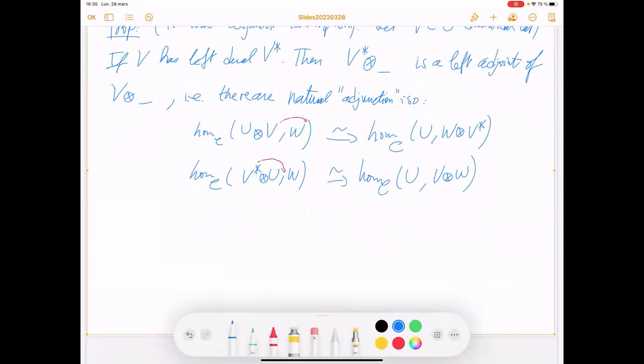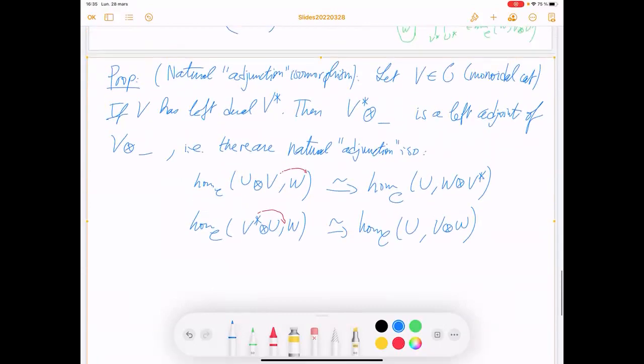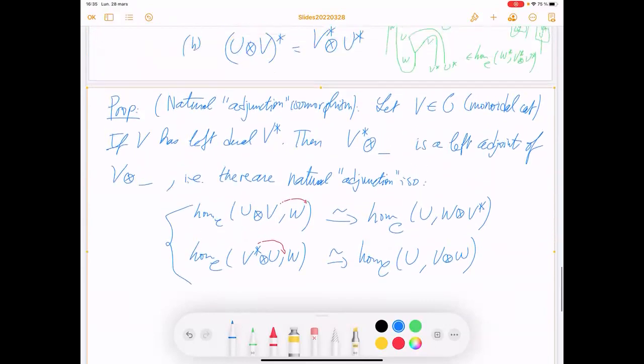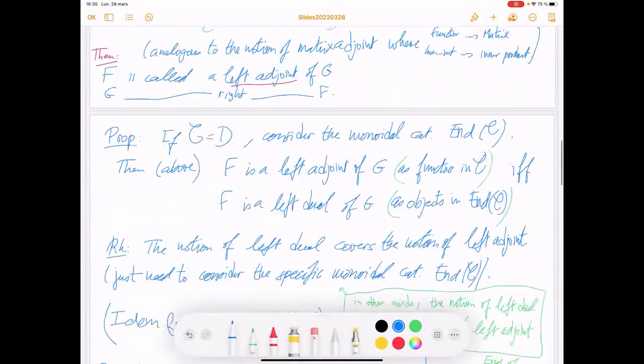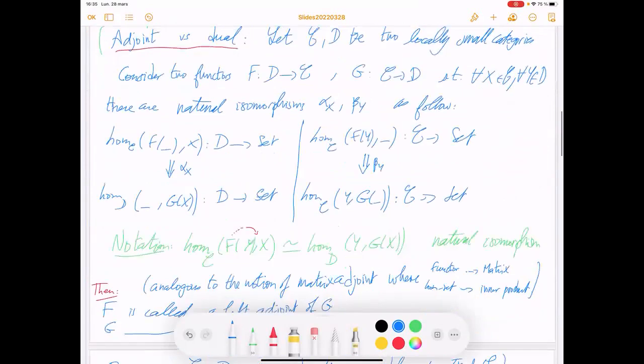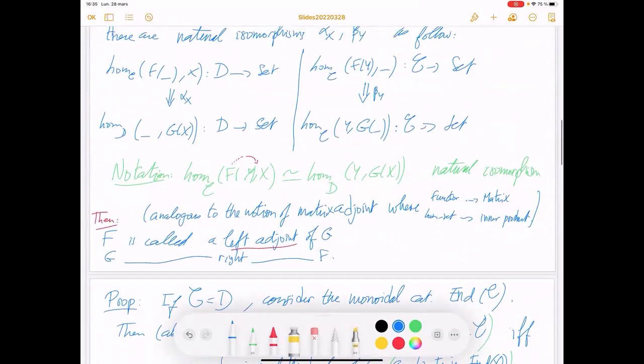So this is a natural adjunction isomorphism, in the sense of what we defined here.